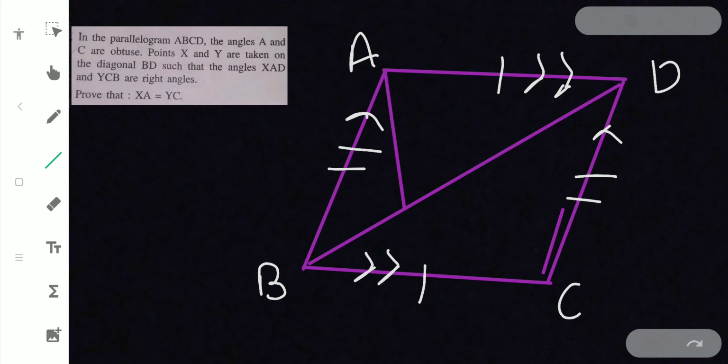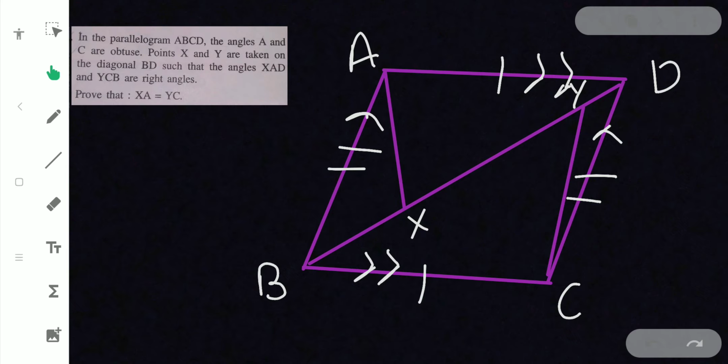So here also I will have from C any point on the diagonal which I have to take. So I took here and I will name this as X and this as Y over here. Now what we are having is to prove that XA, so this line, is equal to YC, this line.